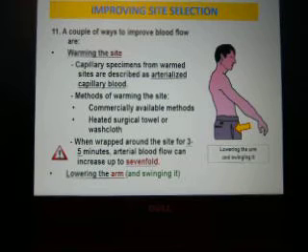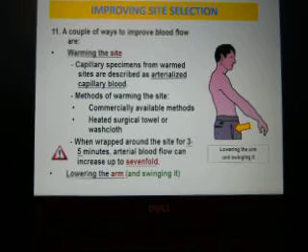Capillary specimens from warm sites can be described as arterialized capillary blood. Okay, and there's several easy-to-use methods of warming. There's commercially available thermal packs or heel warmers that you can use. You can get a surgical towel. There's lots of things you can do, and you want to place it on there for 3 to 5 minutes so that that skin temperature can increase.